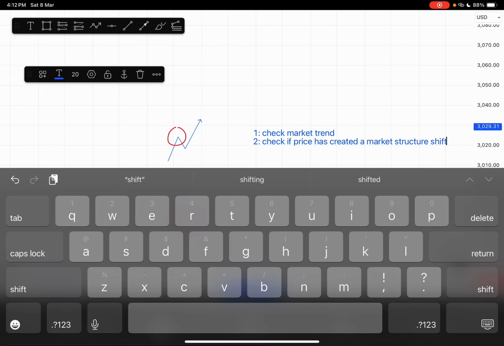So after you check for the trend, next thing, check if price has created a market structure shift to tell you if the trend is still valid or the trend is invalid. So once you see a market structure shift, that will tell you the particular trend that price was moving in before is not valid, and you expect to see a reversal to the opposite direction.